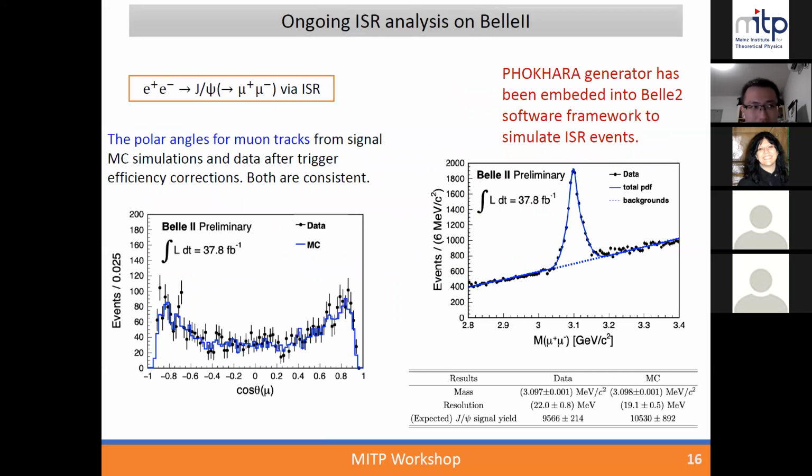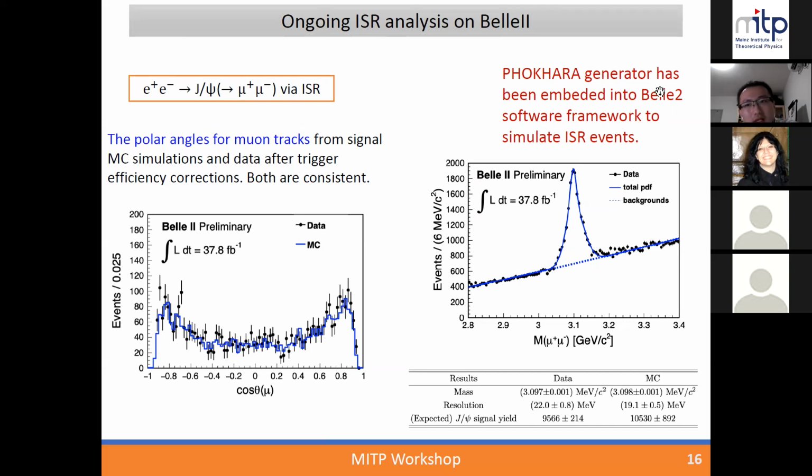From slide number 16, I will introduce some ongoing ISR analyses at Belle II, because Belle II is running smoothly and we have already collected some data, so some ISR studies have already started. The first one is a very simple analysis. We search for the J/psi signal via ISR, with J/psi decaying to a mu pair.